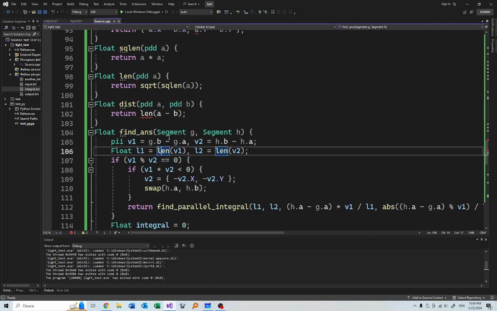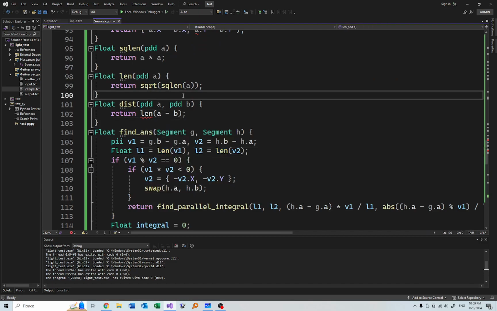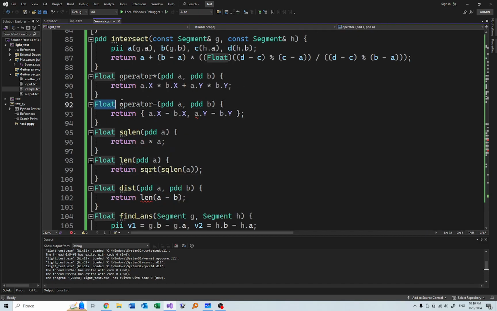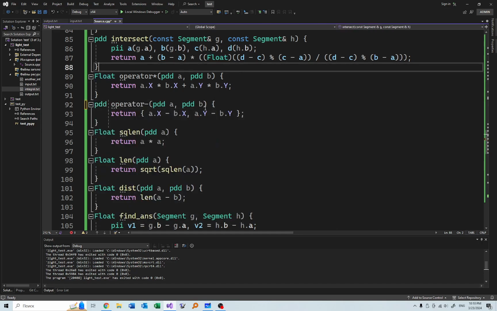Okay. Now we are capable of calculating the distance.